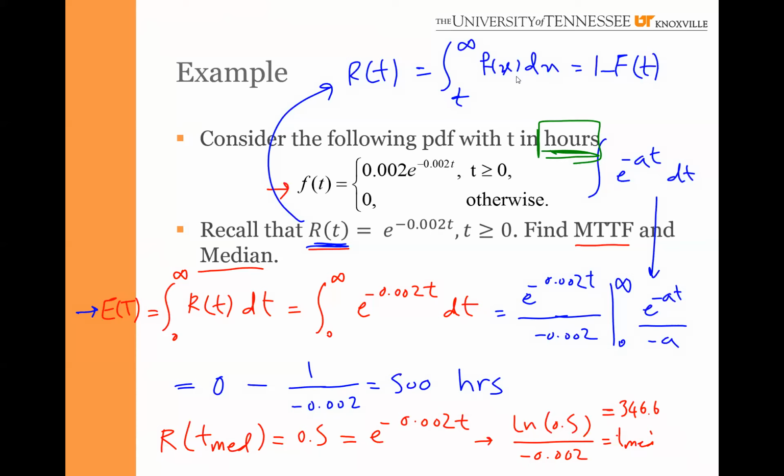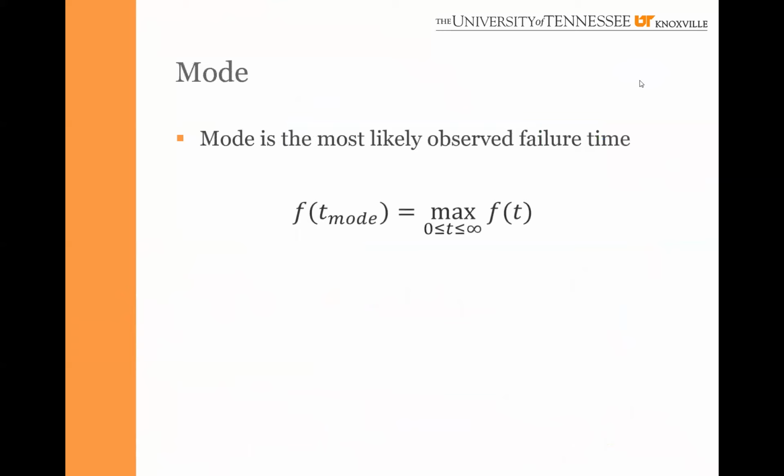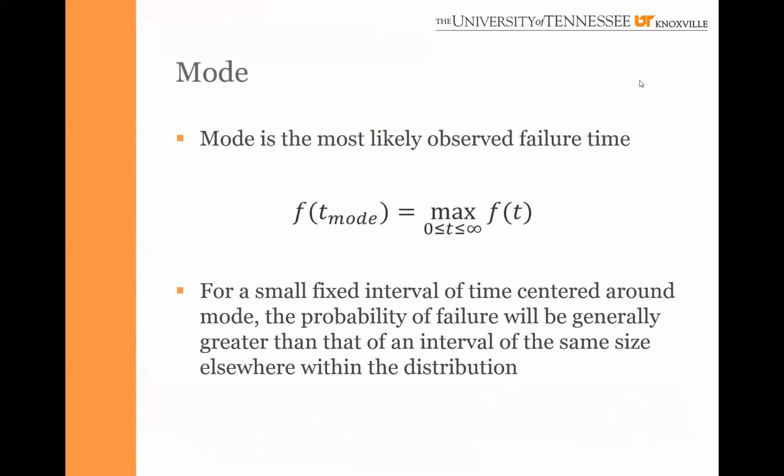Any questions? Okay. We can also have mode. We don't necessarily use it very often, but I just wanted to make sure that you have it in your notes. If you have a function, it will be where the function is maximized, right? That will be the mode, because if I look at a delta t period around that value, then it's going to have the highest probability.